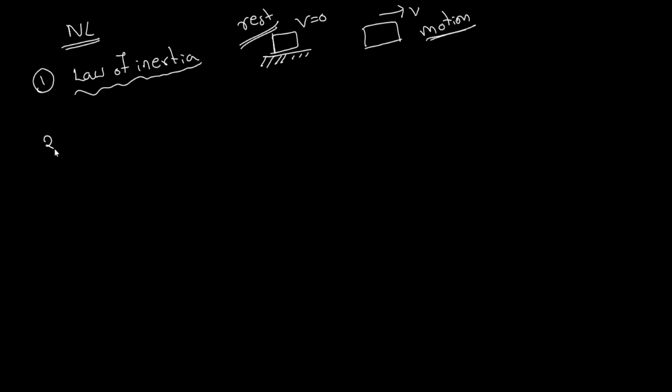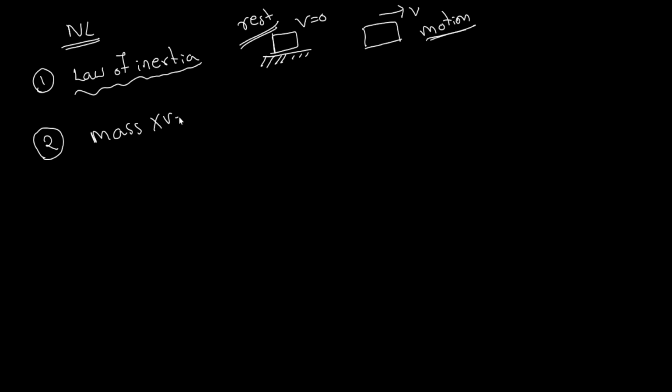The second law is the one which will play an important role. The statement of Newton's second law is: the rate of change of momentum is nothing but the external force applied. Momentum, you know, is mass into velocity.